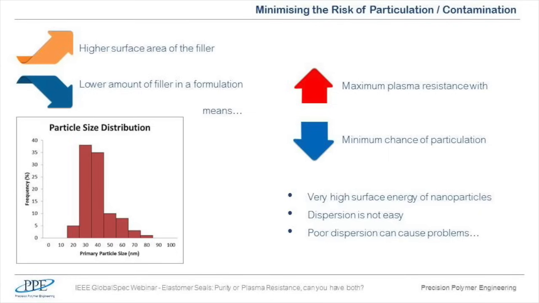As you may know, nanoparticles have very high surface energy, and they prefer creating agglomerates to reduce their energy, and very advanced polymer processing equipment and rubber compounding expertise is required to break these agglomerates and disperse them in the polymer matrix to maximize the plasma resistance.